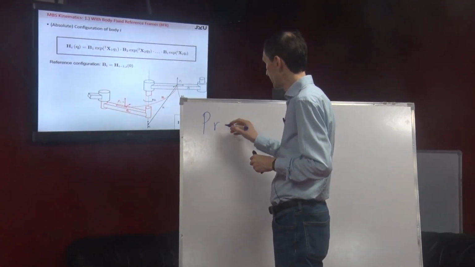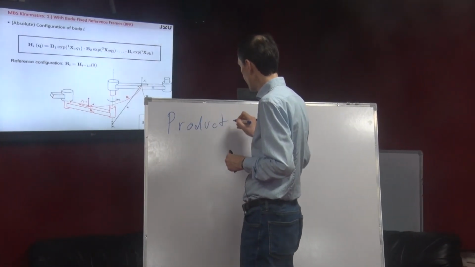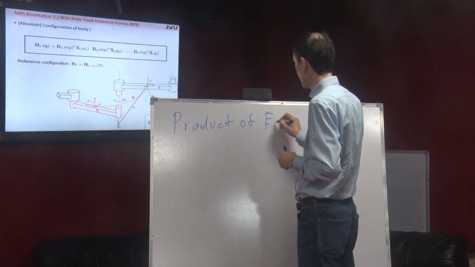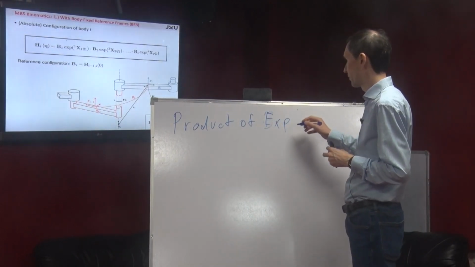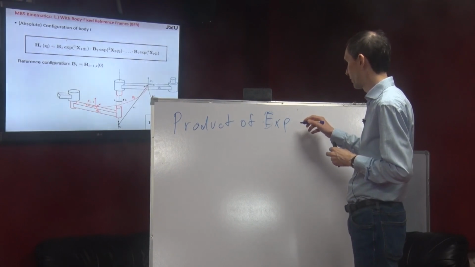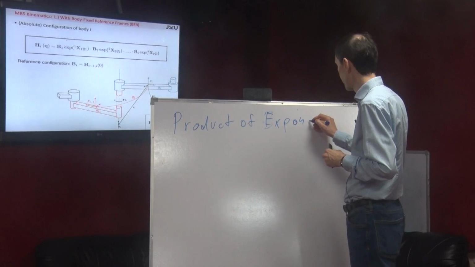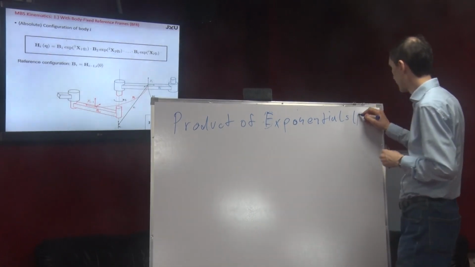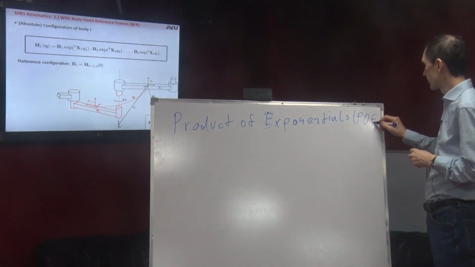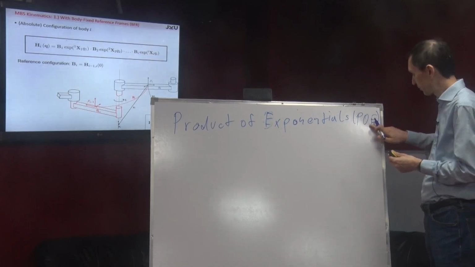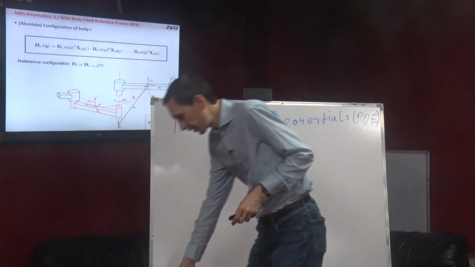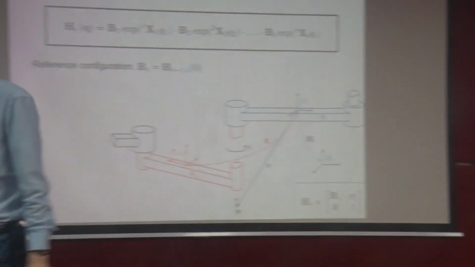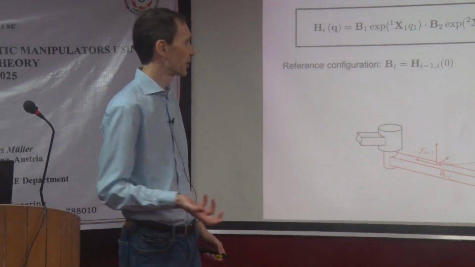It goes back to Roger Brockett, a famous roboticist, and it's always abbreviated as POE. If you search for POE, you find a lot of papers working on POE formulations. The good thing is that you can use it for calibration and identification.